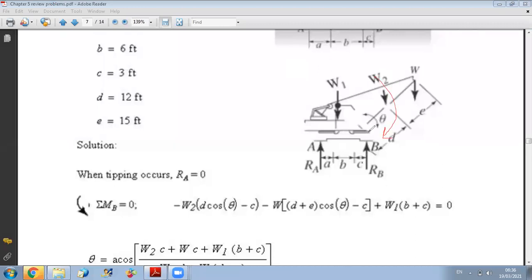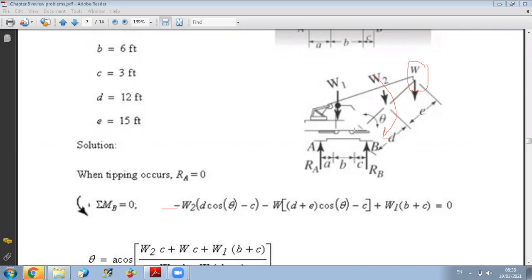This is why, and as we considered counterclockwise as positive, it's minus W2 times d cosine theta minus c, while for the weight of your load, it's the same procedure.